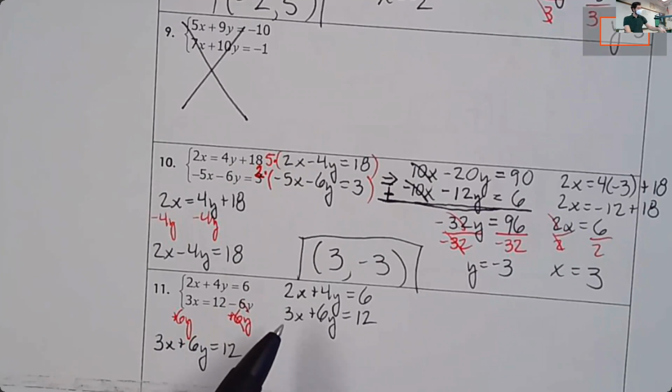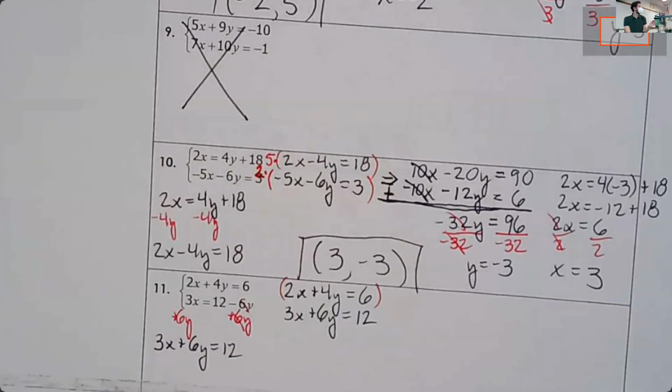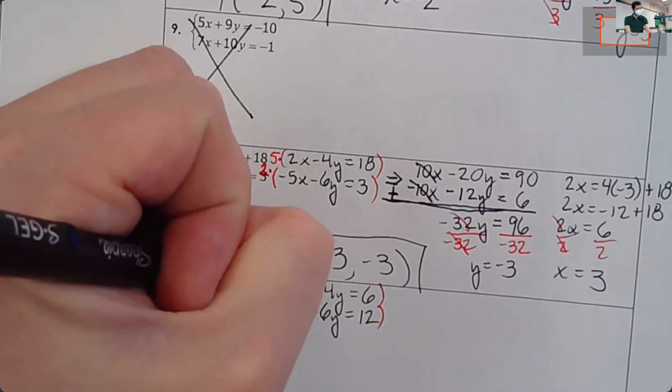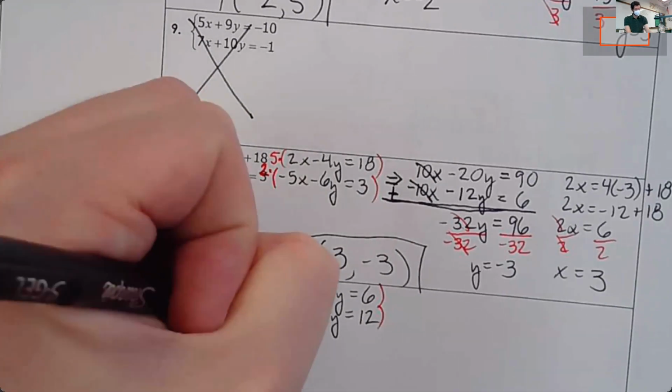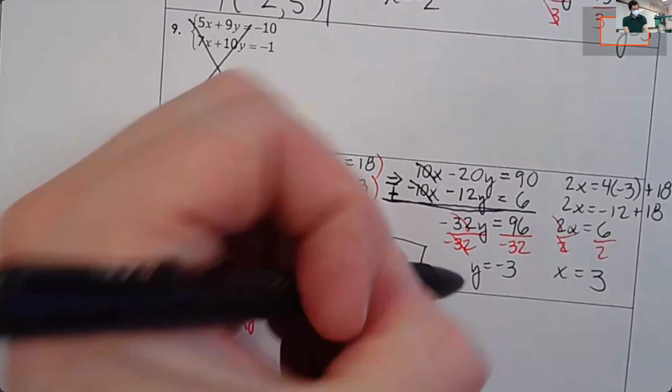All right. So the top equation gets multiplied by what? What are we going to multiply the top by? 3. All right. And the bottom equation? 2 or negative 2. Let's go with negative 2 so we have opposite values. You can do positive 2. You just have to subtract all of the equations, but getting opposite values means we can add them together.